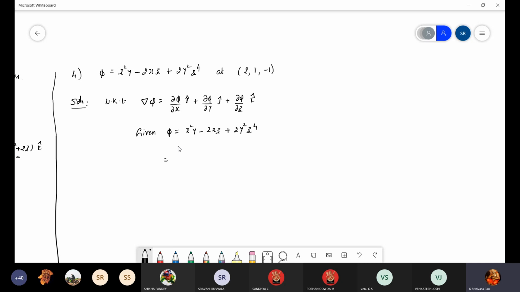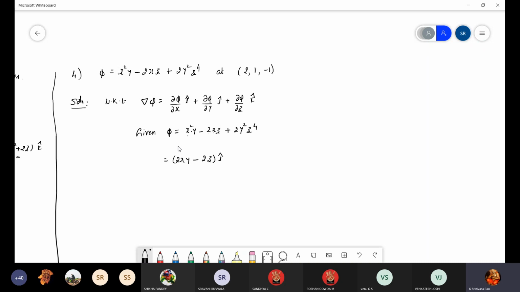Differentiate phi with respect to x: x square differentiation is 2x into y. Y is a constant along with the product, therefore keep as it is. Minus second term again with respect to x only, 2z keep as it is, x differentiation is 1, you will get 2z, and the third term becomes 0 with respect to x. This is multiplied by i cap, the first term.